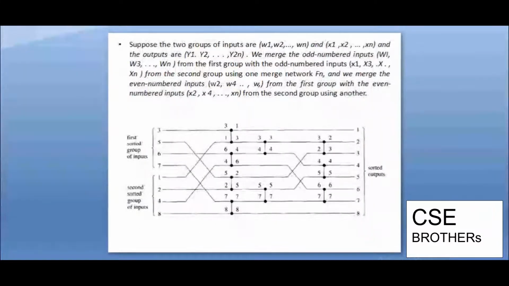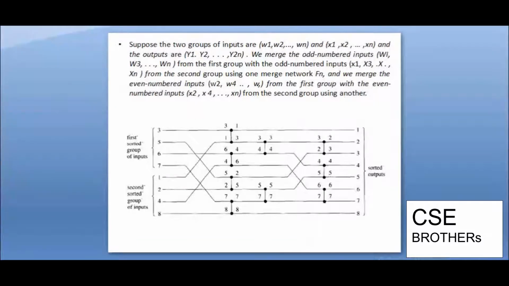Suppose there are two groups, one is w1 up to wn, and the second group is x1, x2 up to xn, and the output is y1, y2 to y2n, because we have two groups of size n.